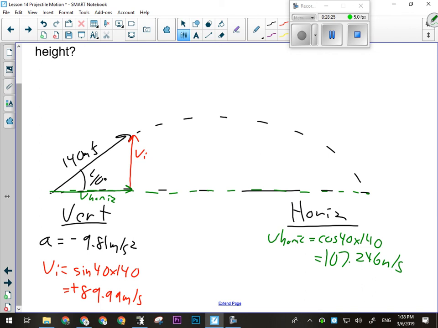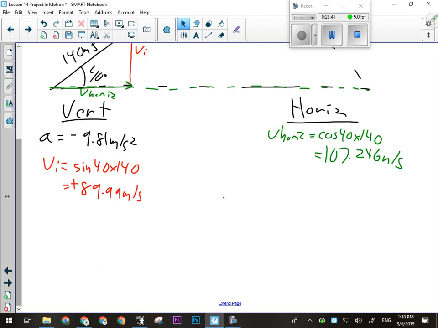So you assume that the takeoff point and the landing point are the same elevation unless it specifically tells you otherwise. If it does, then there's an extra calculation that goes in there. We won't get to that yet. So for right now, we have to write down what VF is, and that VF is negative 89.99 meters per second.